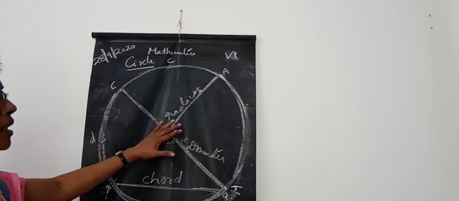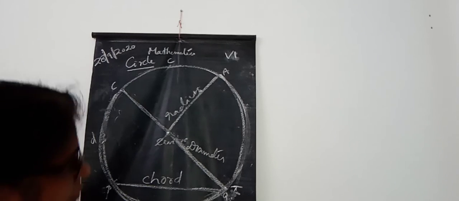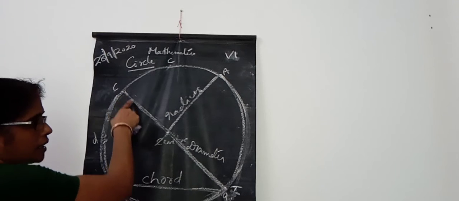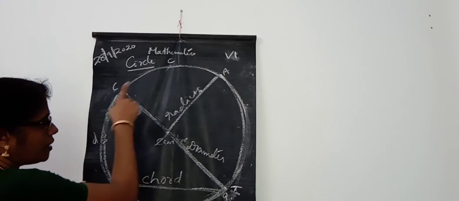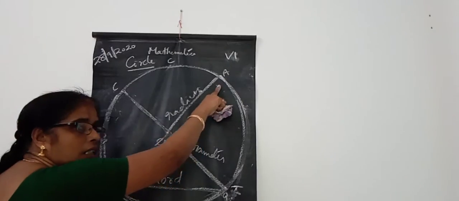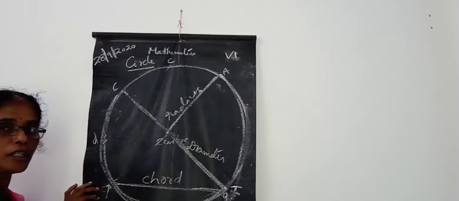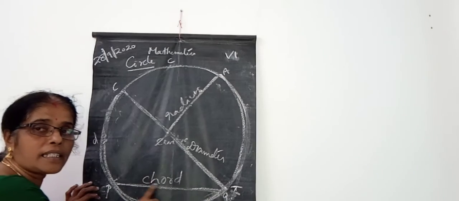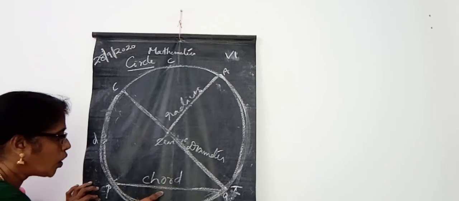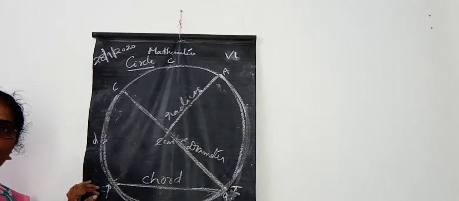And more than one radius we can call radii. Diameter means a chord passing through the center, and the line segment from the center to the circle is a radius. And if 2 points in a circle are joined with a line segment, that line segment we can call a chord. So chord, diameter, radius, and this one is the center.